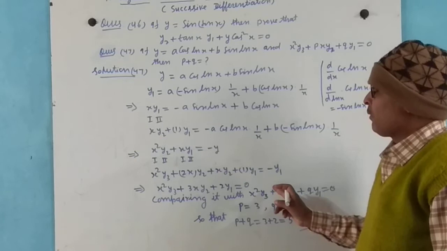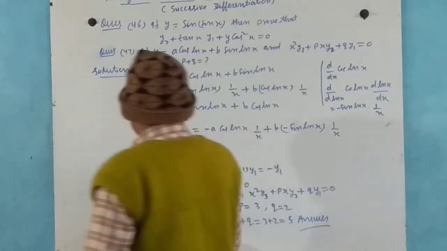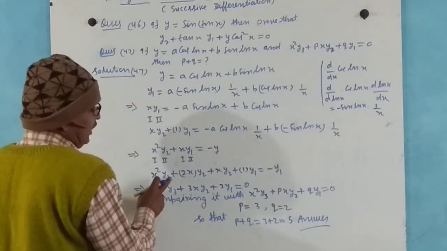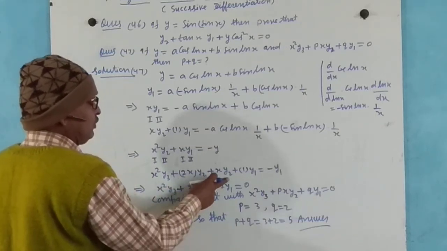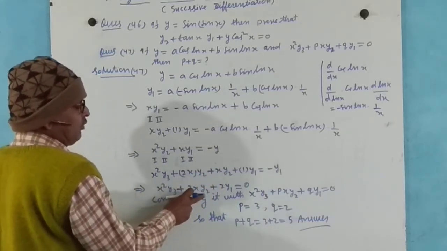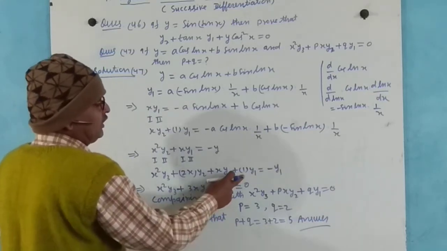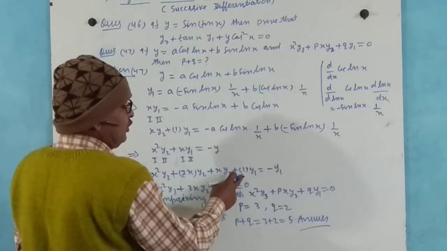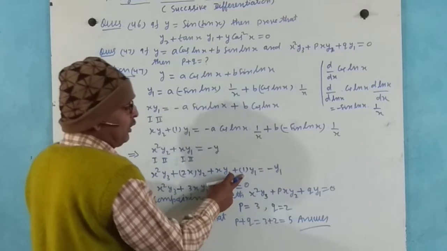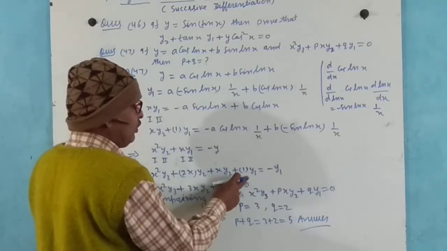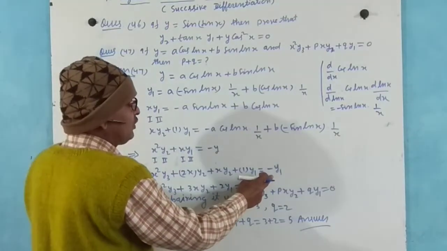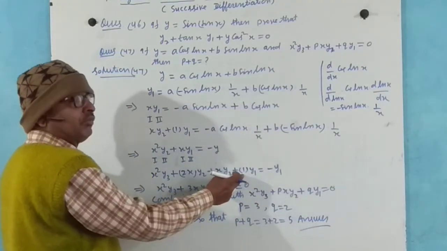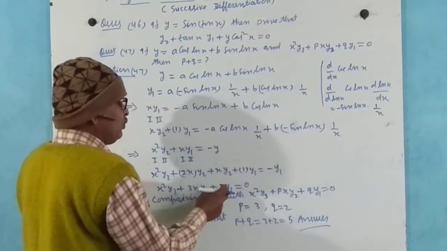Now x square y3, 2x y2 and x y2 become 3x y2, and this is y1, and the minus y1 on the right comes to the left as plus y1, so 1 plus 1 is 2 y1, equal to 0.